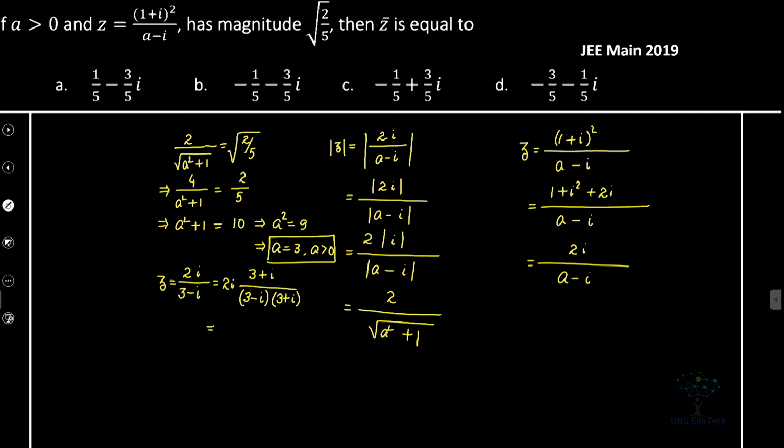If I multiply by 2i, this is 6i plus 2i squared, divided by 9 minus i squared, so plus 1, that's 10. So taking 2 common again, it is 3i minus 1 divided by 10, which gives me minus 1 by 5 plus 3 by 5 into i. So this is the required complex number Z.